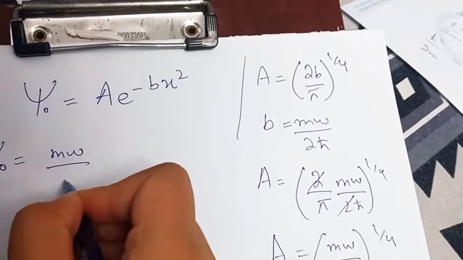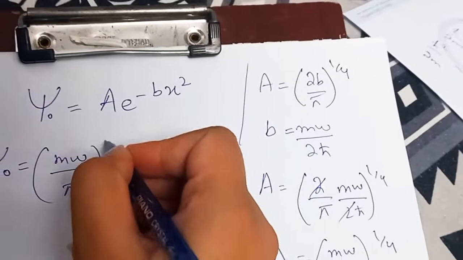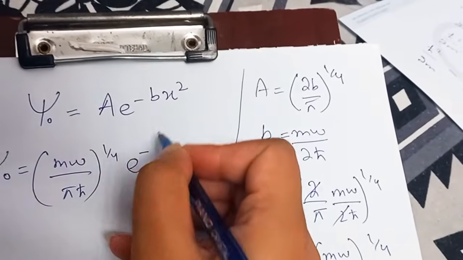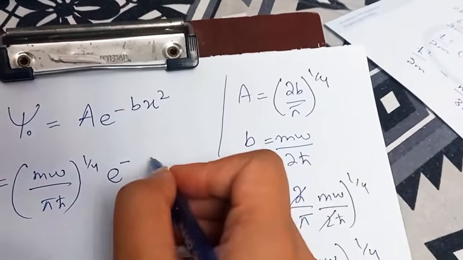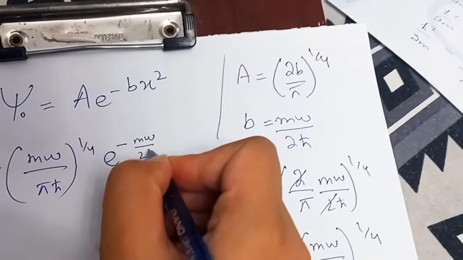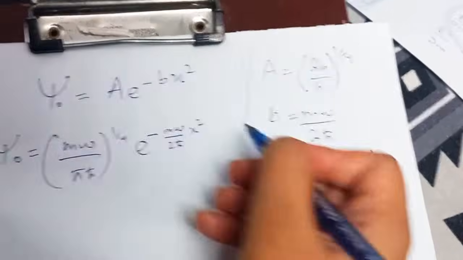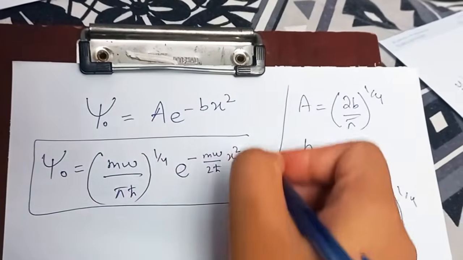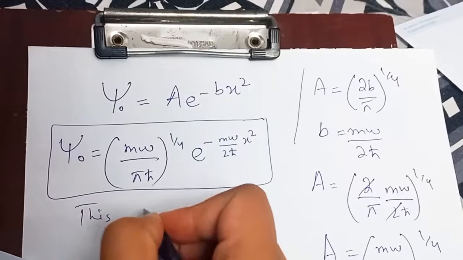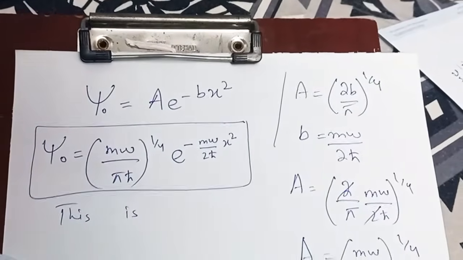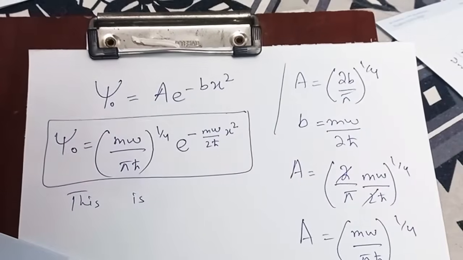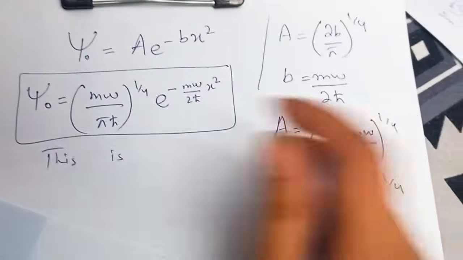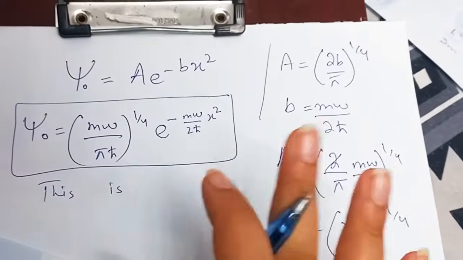It's (mω by πħ) to the power 1/4, e to the power minus, in place of b we will write mω by 2ħ, x squared. This is the ground state wave function, and it is equal to the true or exact ground state wave function of the one-dimensional harmonic oscillator. The variational method did its work for the 1D harmonic oscillator.